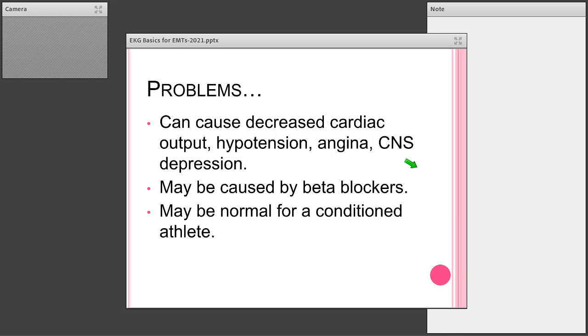The heart may not be getting enough oxygenated blood, so there's some chest pain or angina, and the brain may not be getting what it needs, so there can be some confusion, or they can be unconscious, some CNS depression. They can also have some syncope, some dizziness, some shortness of breath, pale, cool, clammy skin.